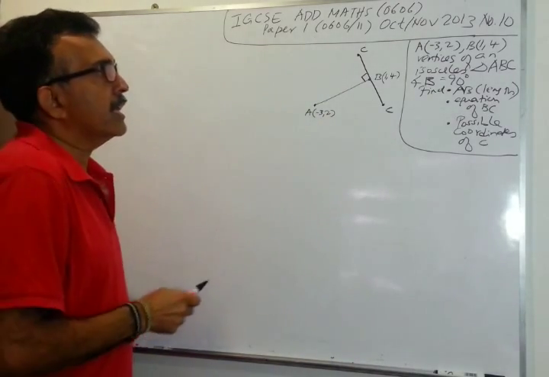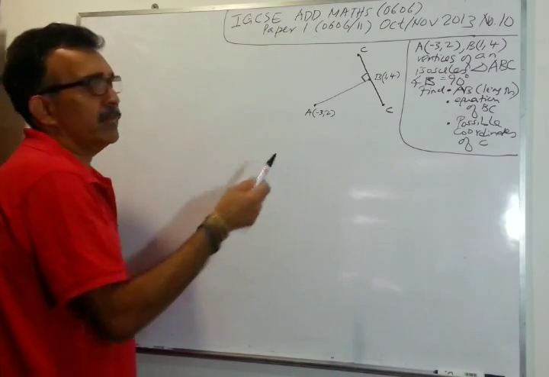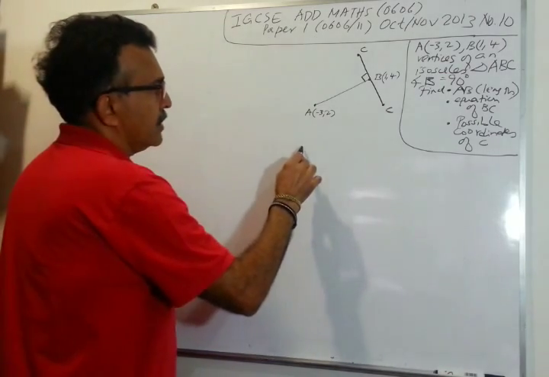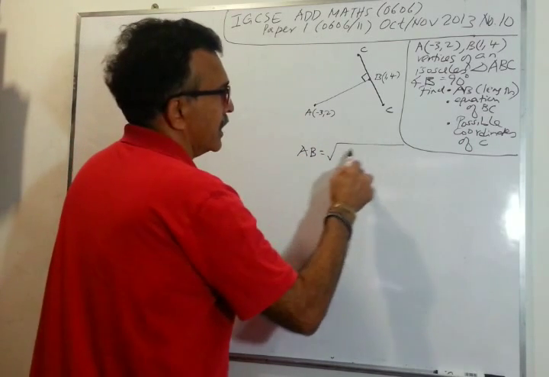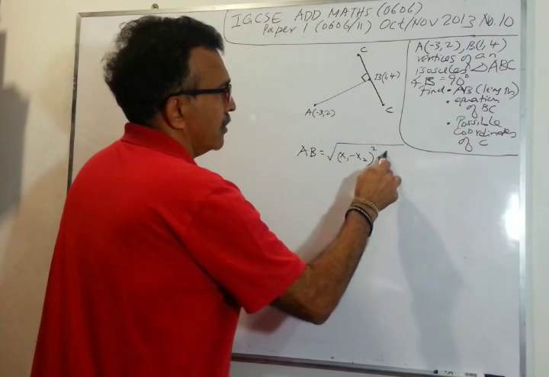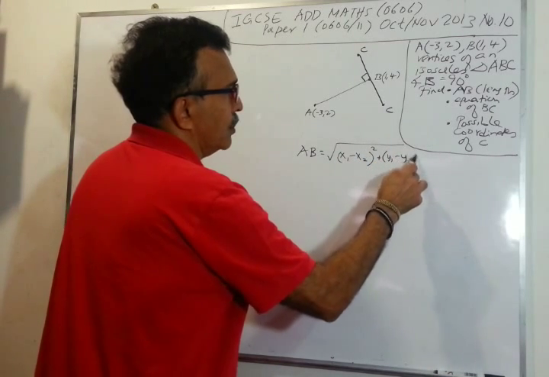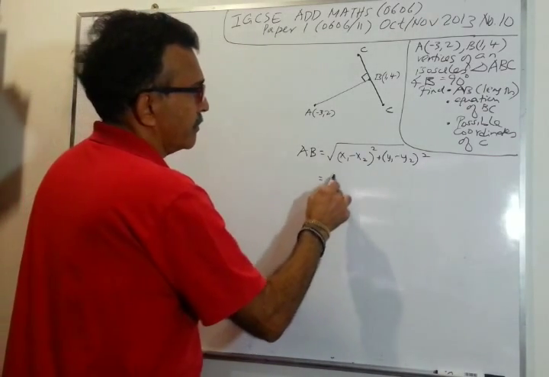Now they ask us to find the length of AB. That's easy, we can use the distance formula. So let me write the formula as well. For AB, we are going to use the formula: x1 minus x2 whole thing squared plus y1 minus y2 whole thing squared, then the square root.